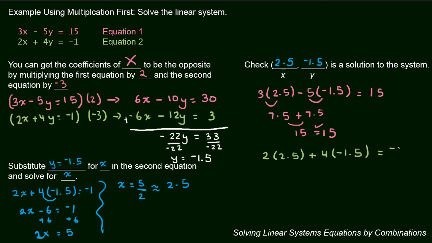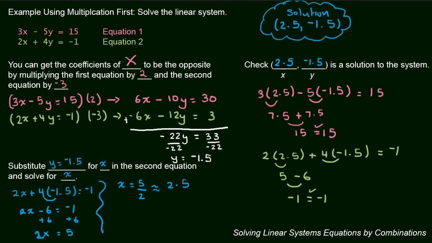Does that give me negative 1? 2 times 2.5 is 5. Positive 4 times negative 1.5 is negative 6. There are different signs, so I'm going to subtract and keep the sign of the bigger number, which gives me negative 1. That is equal to negative 1, and therefore our solution to this system is 2.5 and negative 1.5.